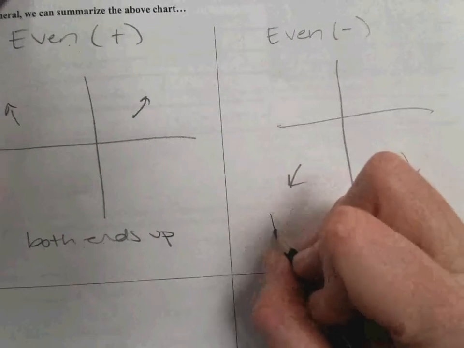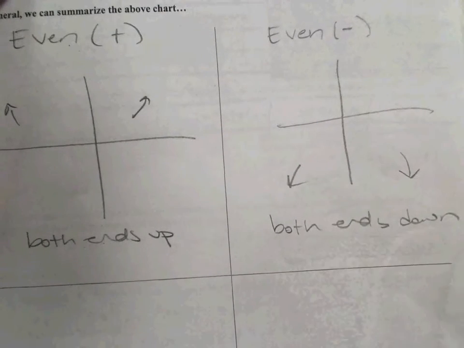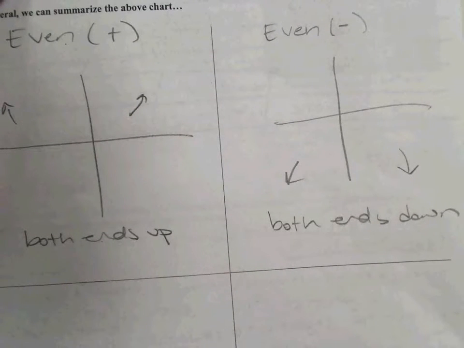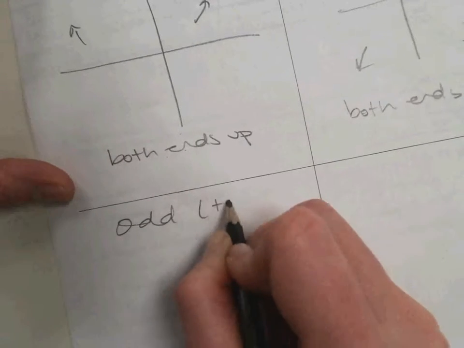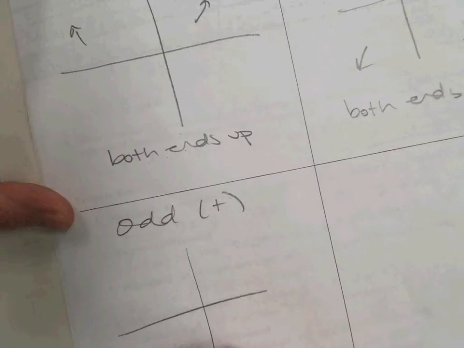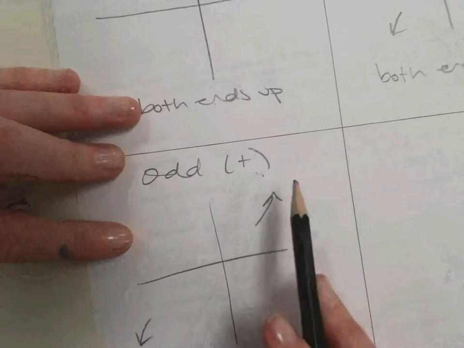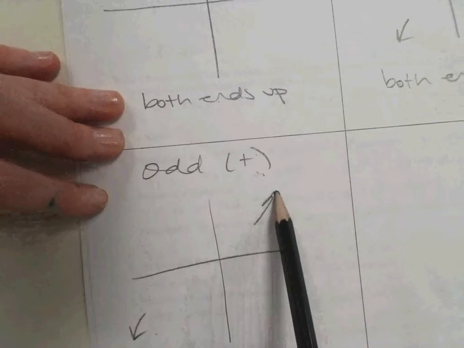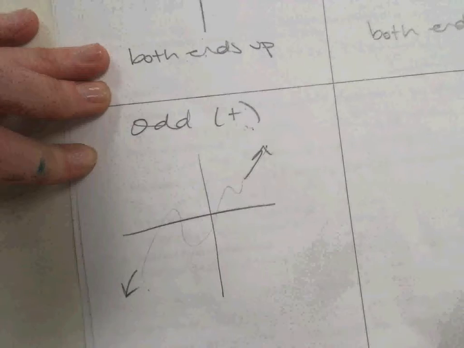If it's even and negative, both ends down. If it is odd and positive, it actually ends up. That's how I remember: positive, it ends on the positive note, starts downward, ends upward. Anything could happen in between here, right?